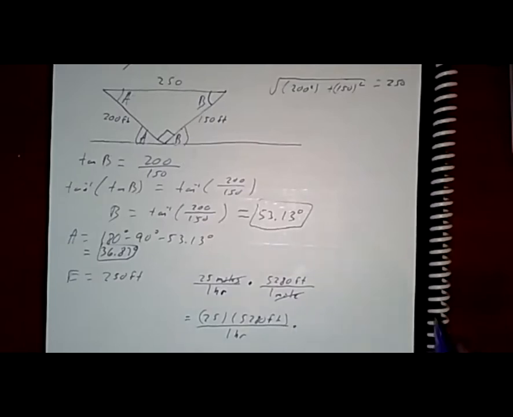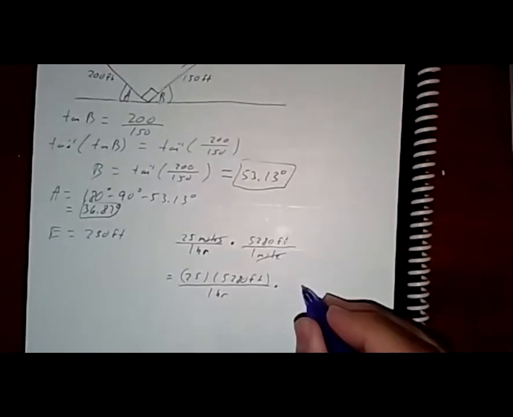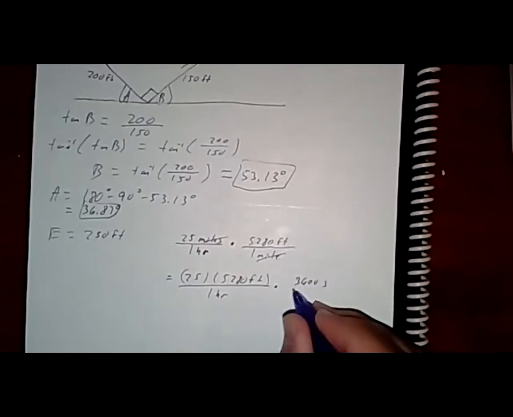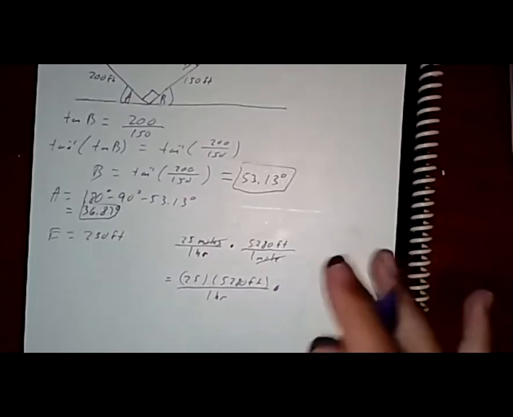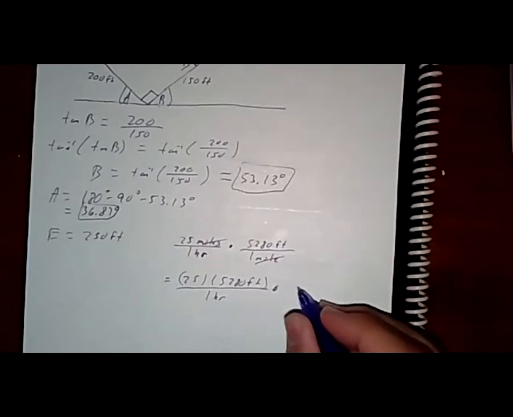So then we get 25 times 5,280 feet over 1 hour, times, now change hours to seconds. We know that there's 3,600 seconds per 1 hour, so 1 hour for every 3,600 seconds.